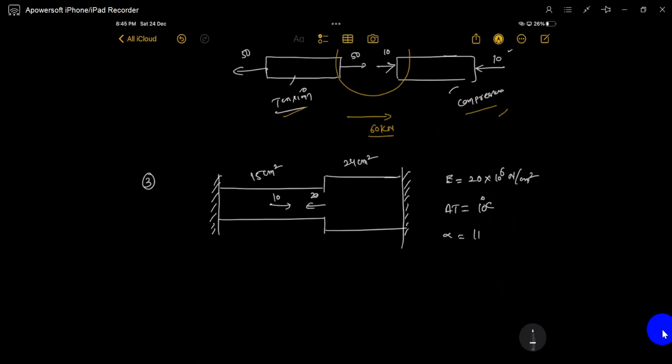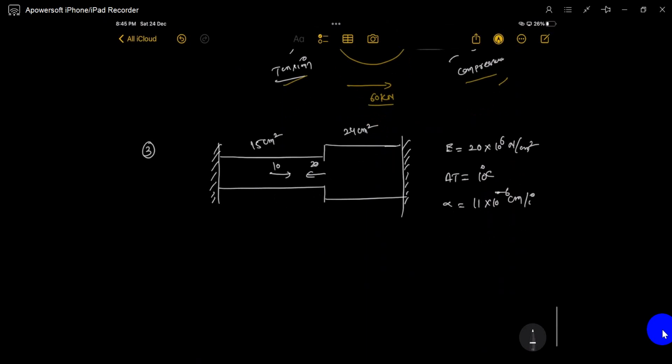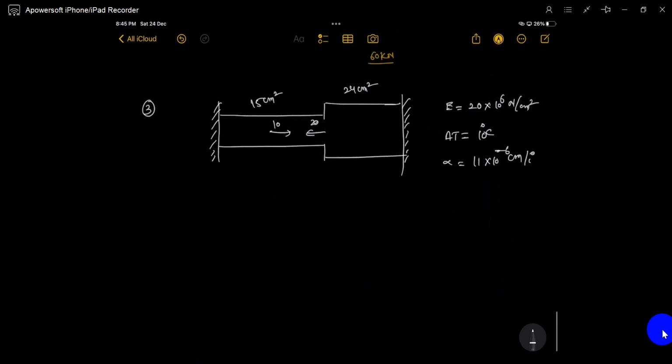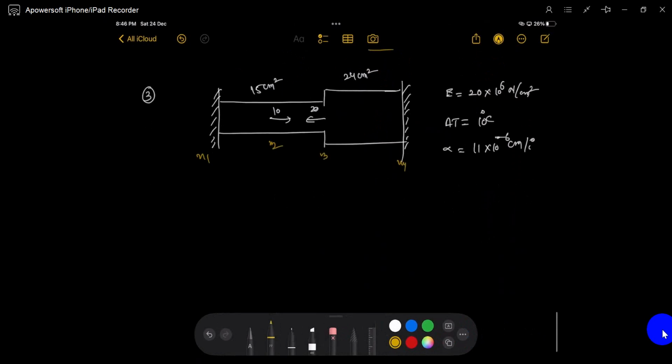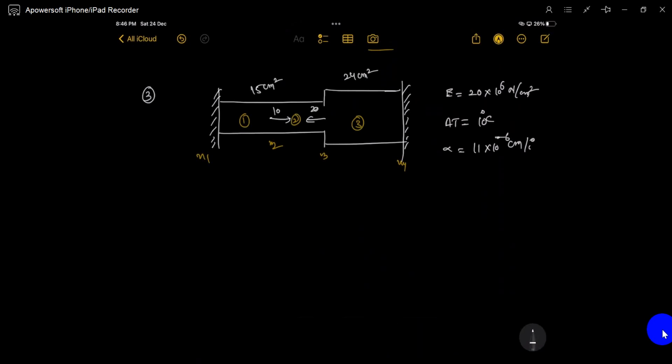Alpha is 11 into 10 power minus 6 per degree. So this is U1, this is U2, this is U3, this is U4, element 1, element 2, element 3. For element 1, we write the equation.